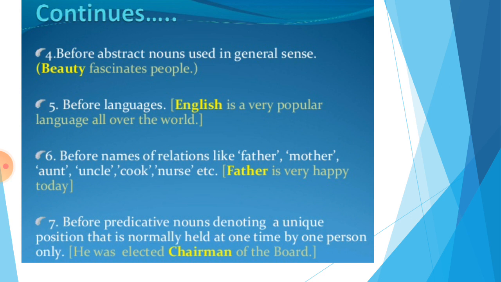And before names of relations like father, mother, aunt, uncle, etc. Example, father is very happy today. And before predicative nouns denoting a unique position that is normally held at one time by one person only. Example, he was elected chairman of the board.